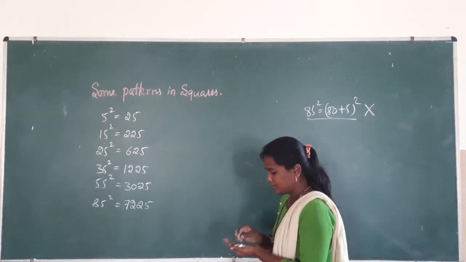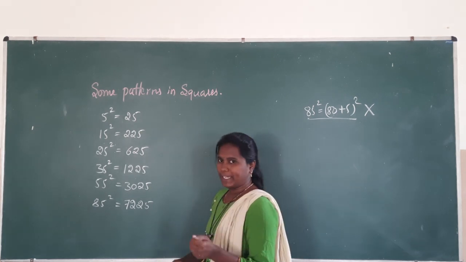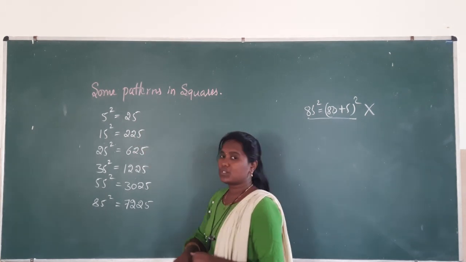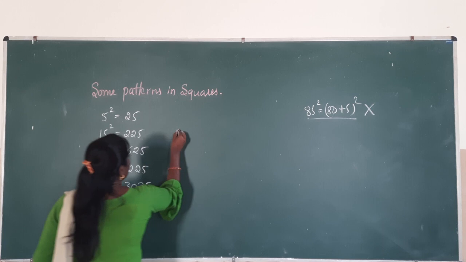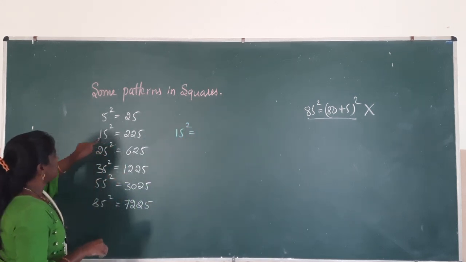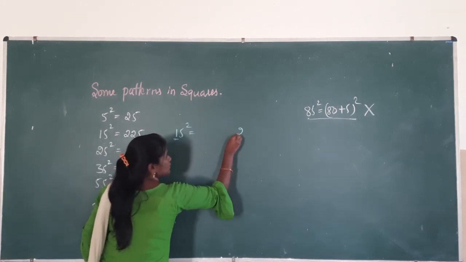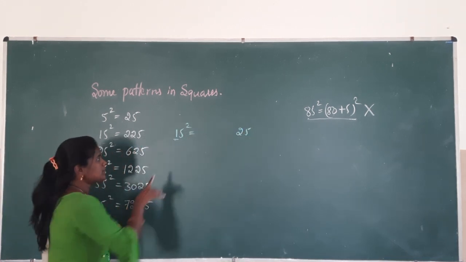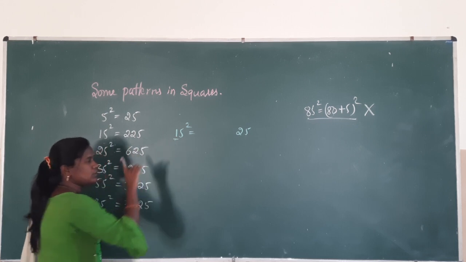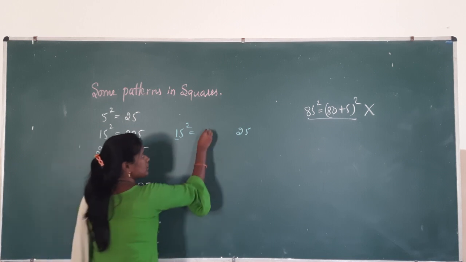Yes, I'll tell you how. See now. 5 square is 25. 15 square is 225. How to get it? 15 square: 5 square is 25. Here in the tens place 1 is there. What is the successive number of 1? Of course, it is 2.